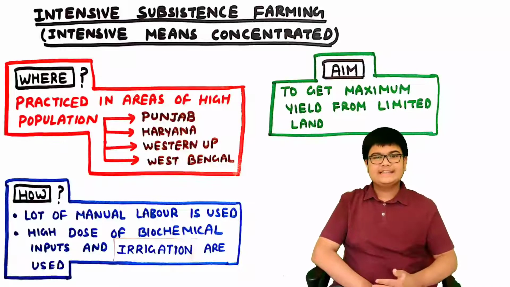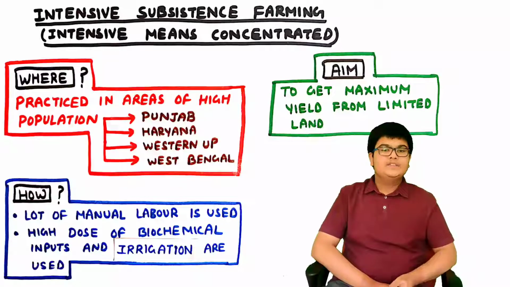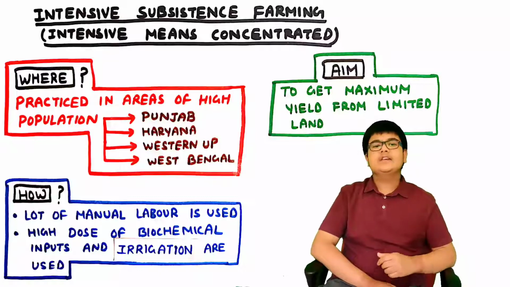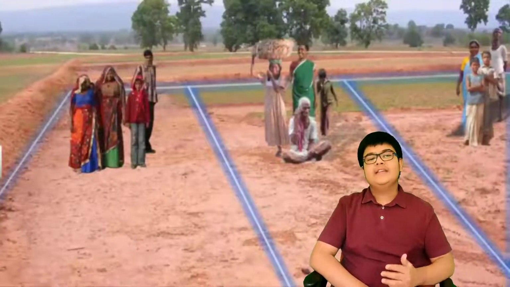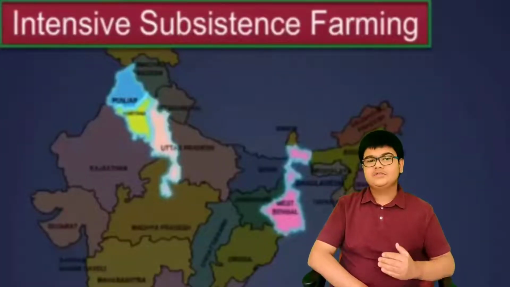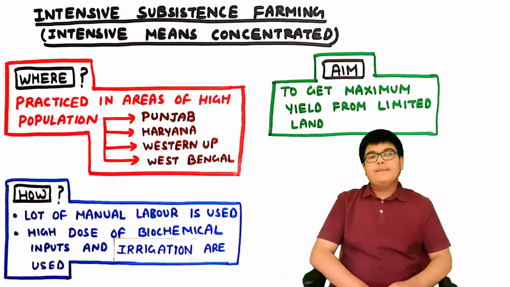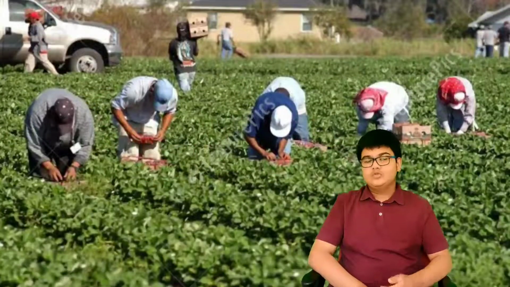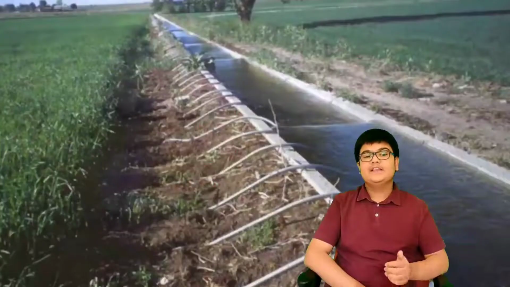So now let us study the second type of farming, that is intensive subsistence farming. So the meaning of the word intensive is concentrated. So this farming is practiced in the areas of very high population such as Punjab, Haryana, Western Uttar Pradesh and West Bengal. Now in this farming, a lot of manual labor is used and it requires a high dose of biochemical inputs and irrigation.